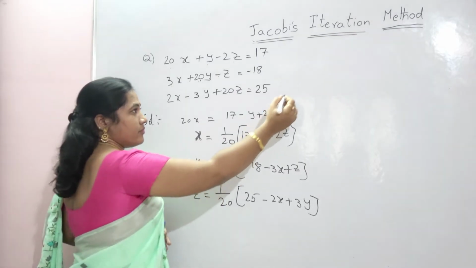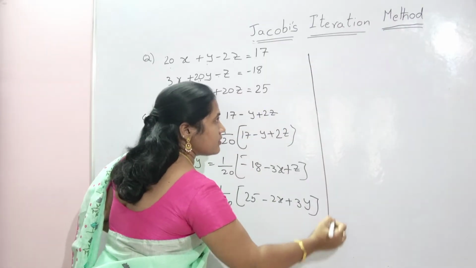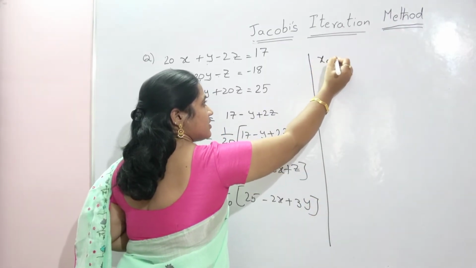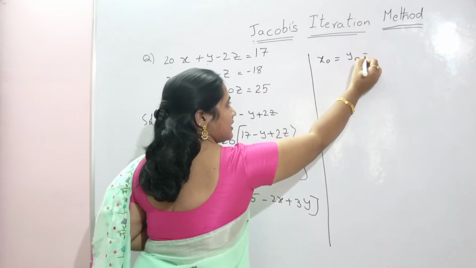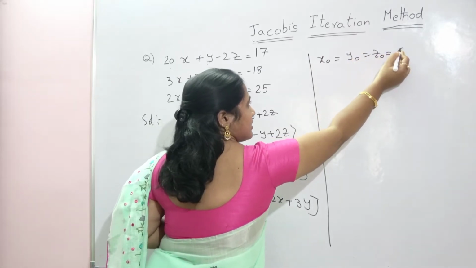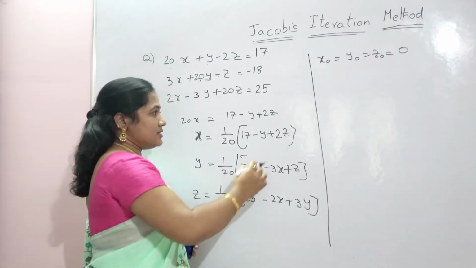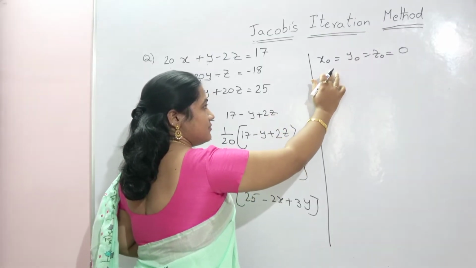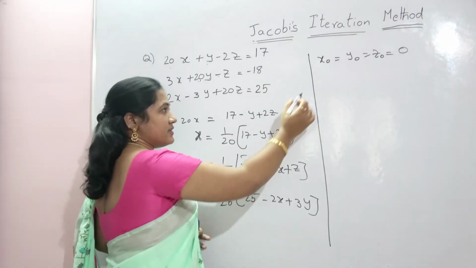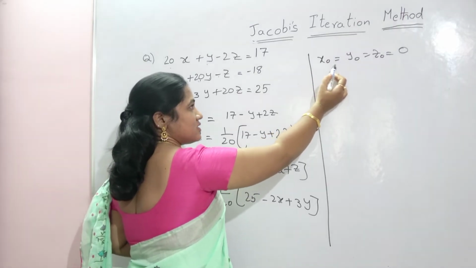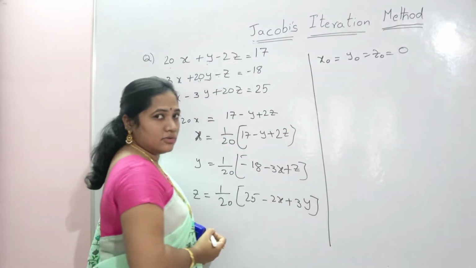Now x naught, y naught and z naught equal 0. So our approximation starts here. For the first approximation, x naught, y naught, z naught equals 0.